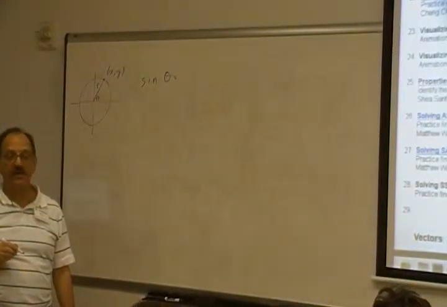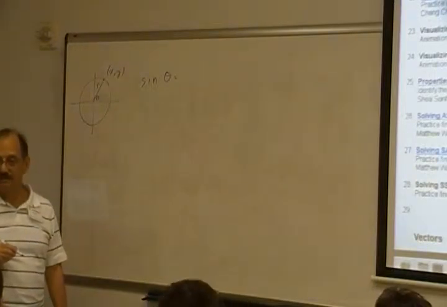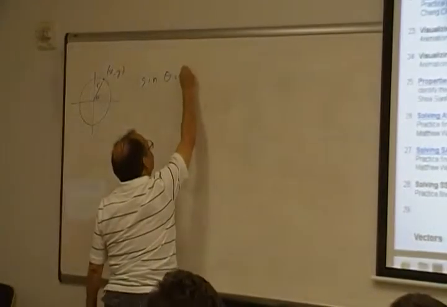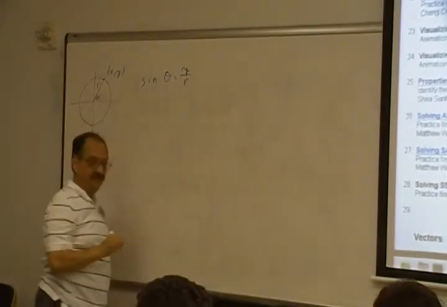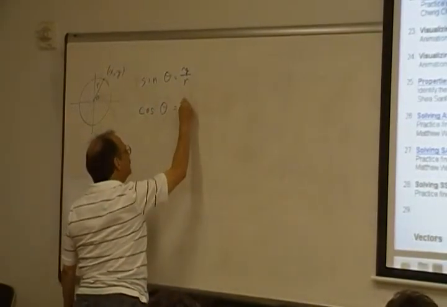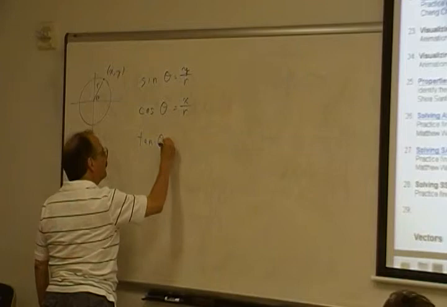Not x over y, what over what? Sine is y over r, right? Okay, what is the cosine? That was easy because you already had the other one eliminating the other half of it. What is the tangent? Y over x.